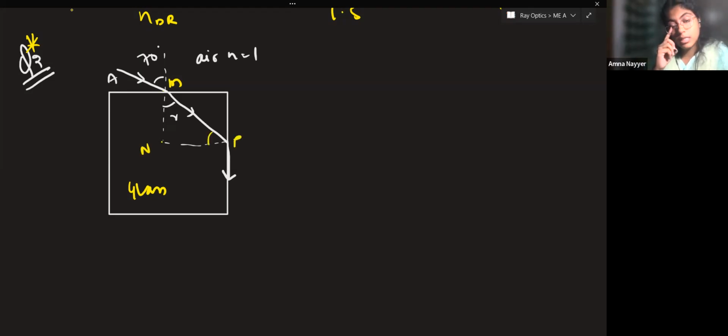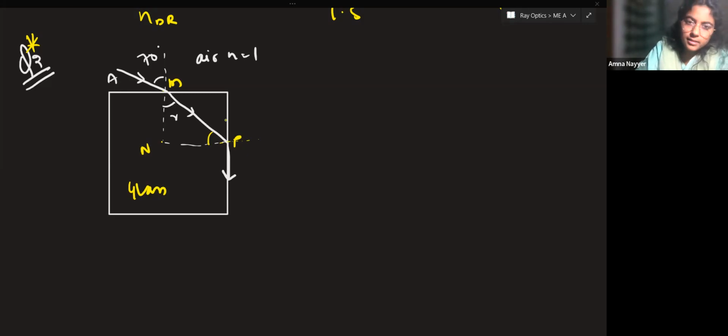Now, when the normal is dropped, this angle is 90 degrees. So can you name this angle then? If 90 degrees is formed here, then what is this angle? Yes, class.